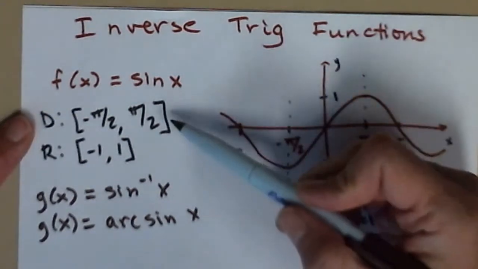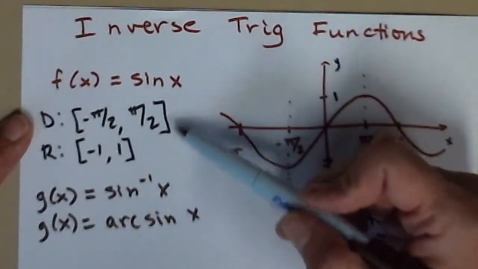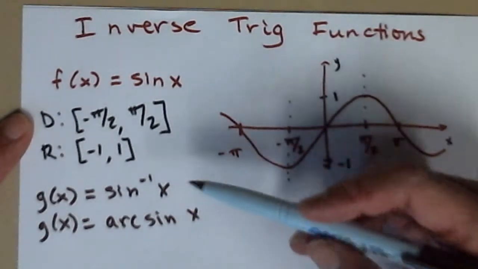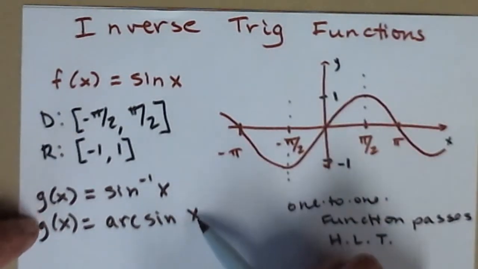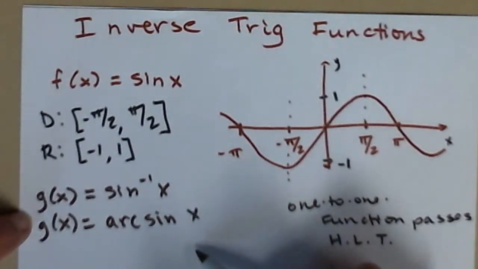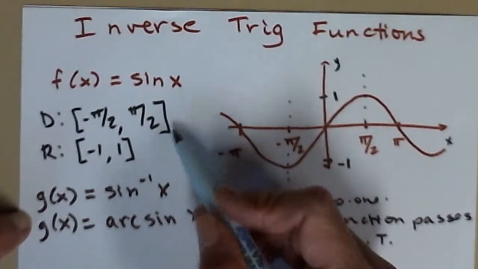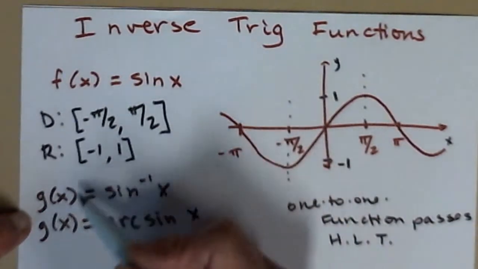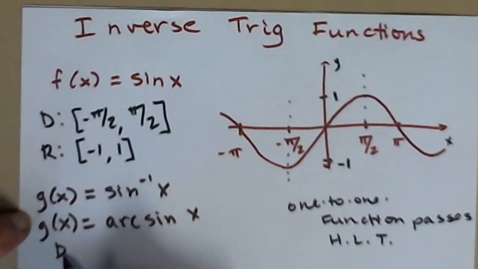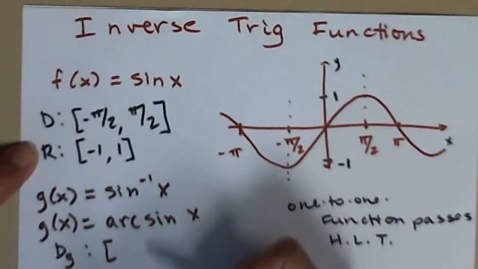So why did I have to do this one-to-one, and why was that such a big deal? Well, the reason is that when I come down here and talk about doing my inverse trig functions, remember when you do the inverse function, the domain and range trade places. So for g of x, its domain, what we're allowed to plug in, is the range from the original.